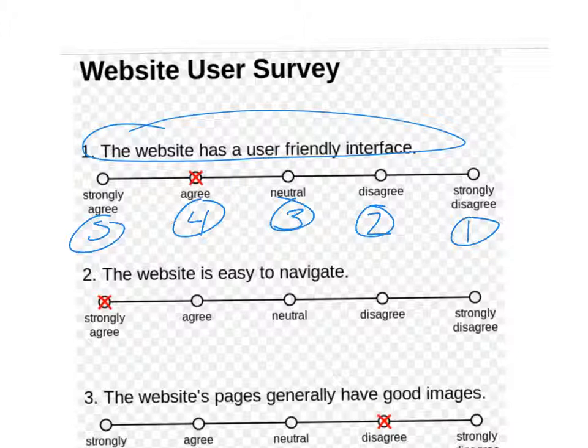But obviously, take this person who disagrees versus the person who agrees. Just because there's a number 4 here doesn't mean that that person feels twice as different about the user-friendly interface, if that makes sense. You can't really have an exact science.